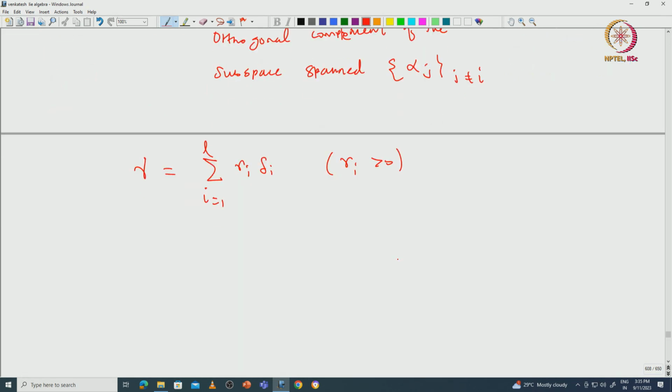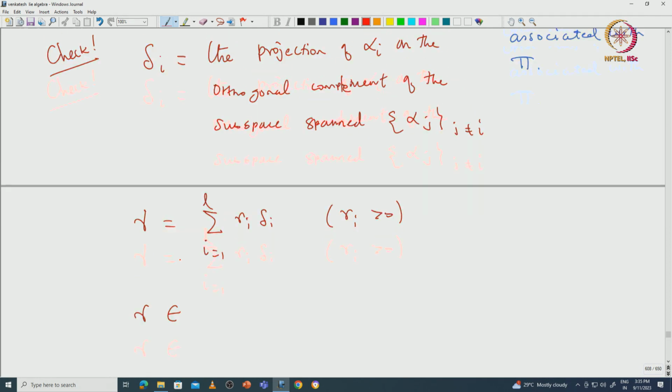Then you can prove that this gamma must be inside this intersection.